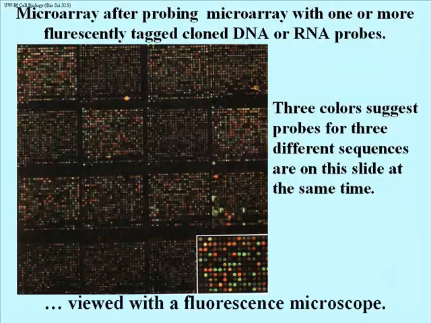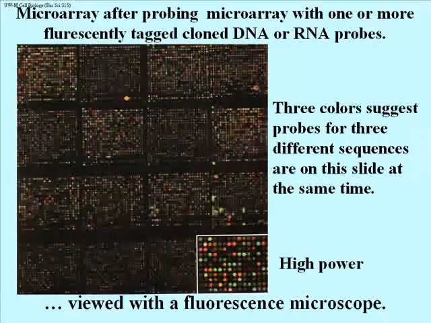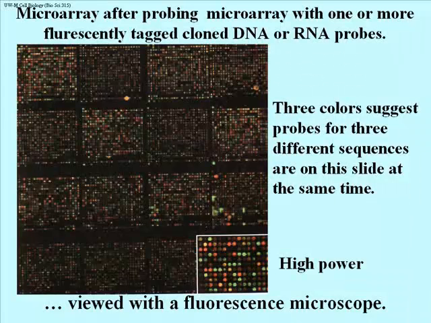On the lower right side is one of those, not even one box, but part of one of these boxes within the microarray, shown at high power to more clearly show you the reddish, greenish, and somewhat yellowish different fluorescent spots. And these, of course, are visualized with a fluorescence microscope, and the microscope is not anything more special than a standard fluorescence microscope. The machine that spots the DNA is the expensive component of this.